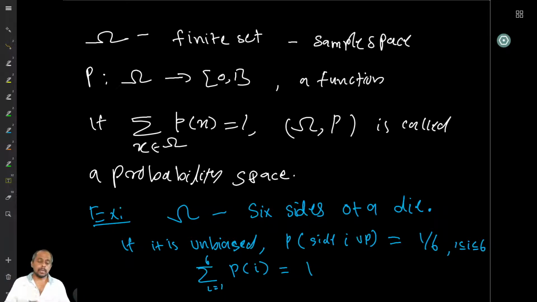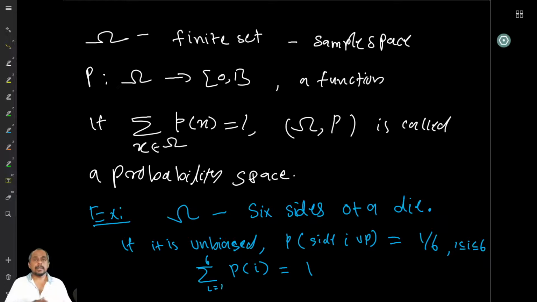If the die is unbiased, which means that all the sides have equal chances of coming up, then the probability of any side being up is equal to 1 over 6, because there are 6 sides.